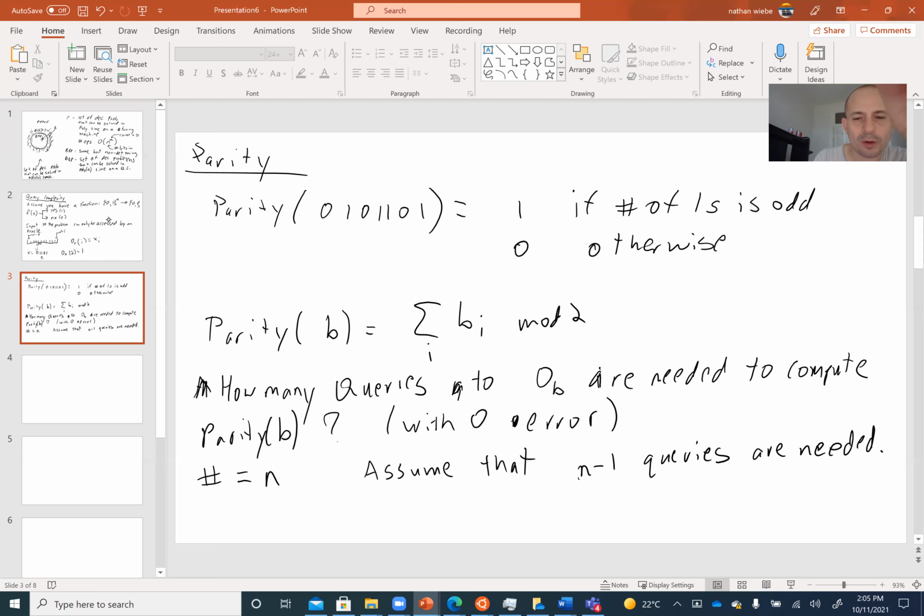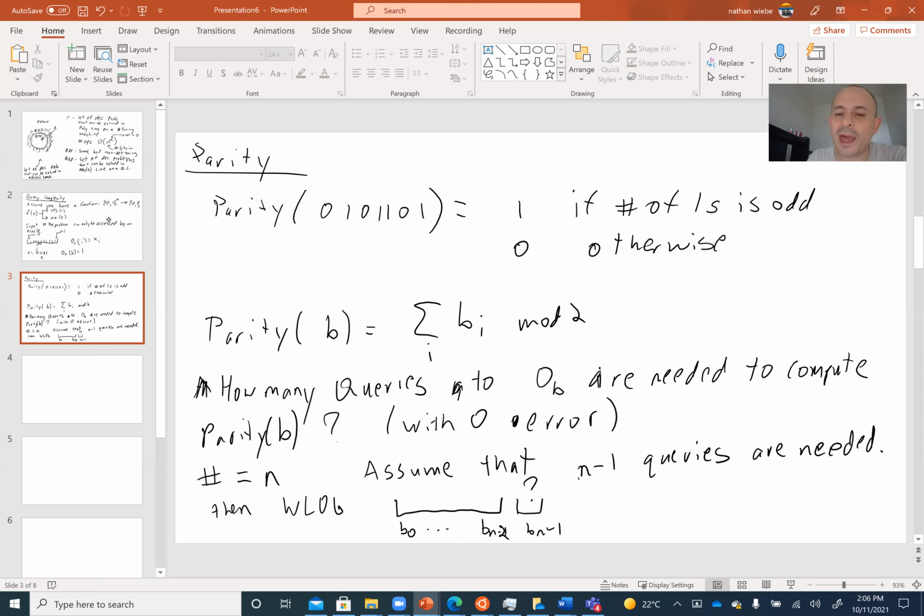If n minus 1 queries are needed, then without loss of generality, we can assume that those queries are the first n minus 1 bits. So then we end up having this part of the string. We have B_0 going all the way down to B_{n-2}, but we don't know B_{n-1}.